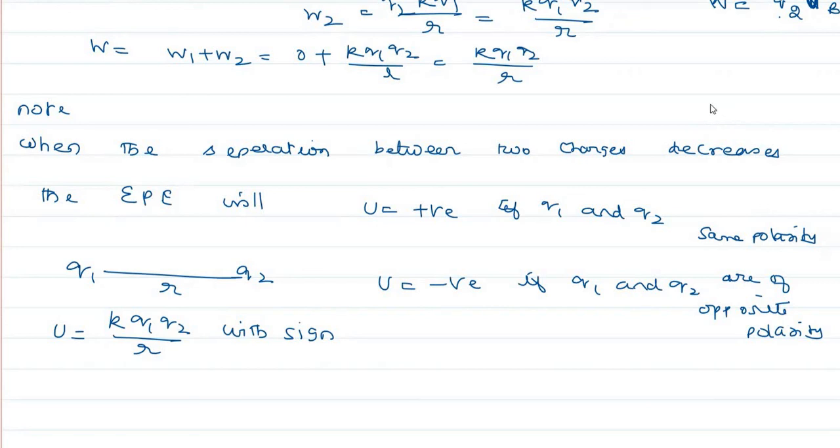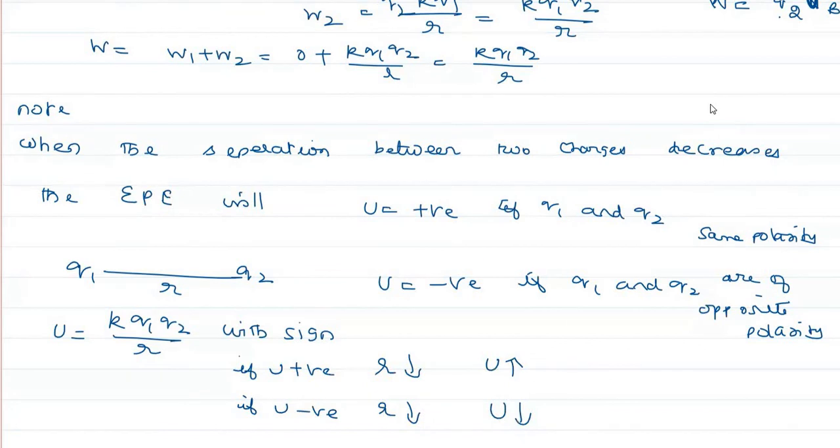Now you tell me, as the distance decreases. If U is positive, then what you said is correct, right? If R decreases, U will increase. But if U is negative, at that time if R decreases, what will happen to the U value? It will decrease.